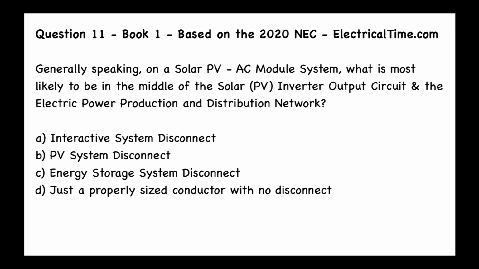Is it A, the interactive system disconnect, B, the PV system disconnect, C, the energy storage system disconnect, or D, just a properly sized conductor with no disconnect? And the answer to this question is B, and that is PV system disconnect.